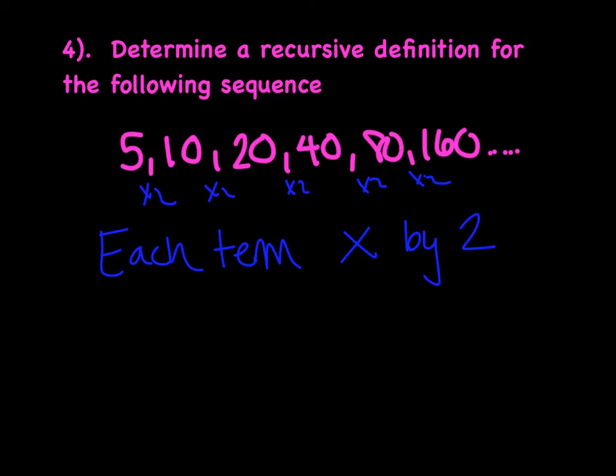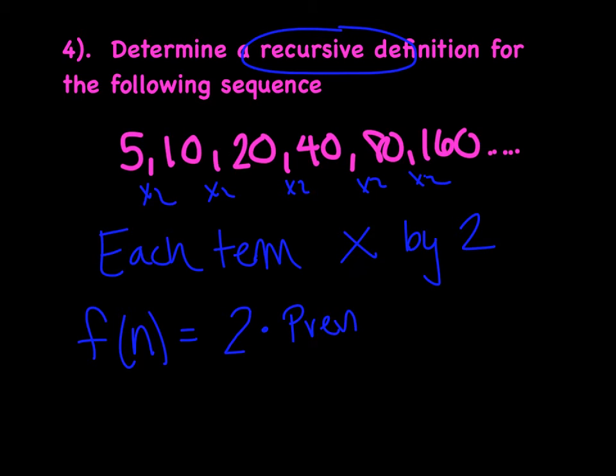So once I know that, I can write the rule. Now notice it says recursive, so you're going to have to give a formula and then you also give the first term. So I'm going to say f of n, and you can call it a of n, call it whatever you want, I'm going to use f of n for function, is equal to 2 times... Now basically in words, would you agree you want the previous term? Right?